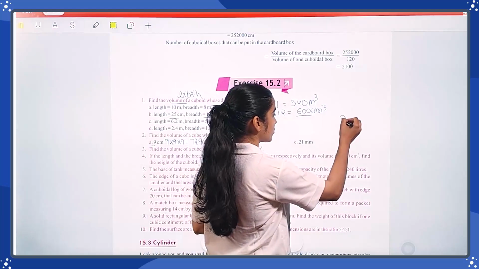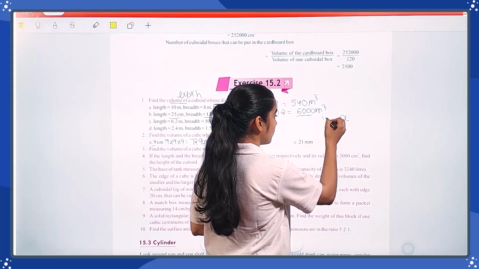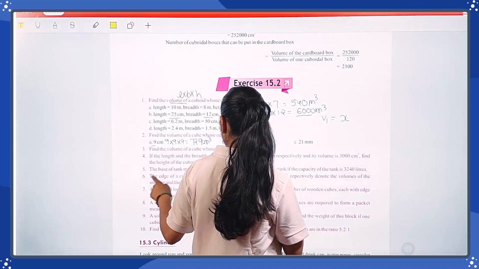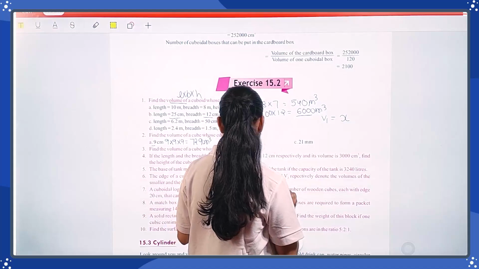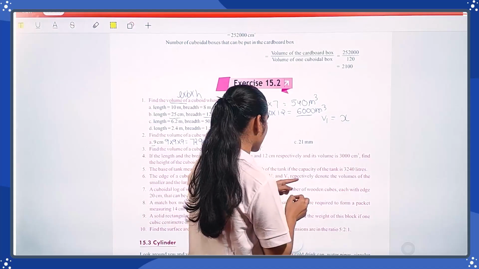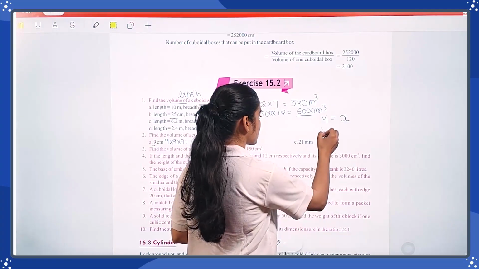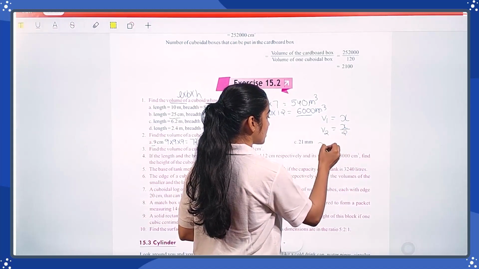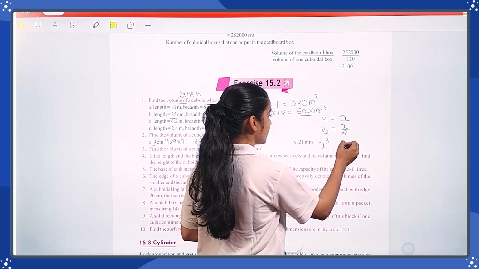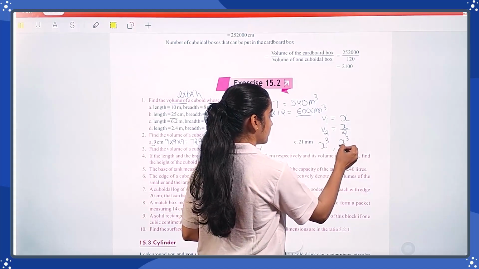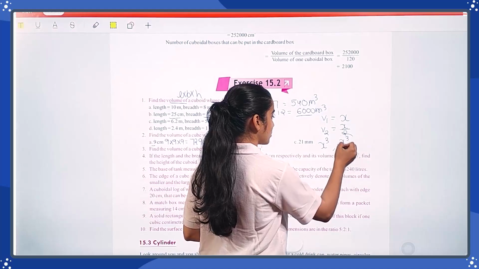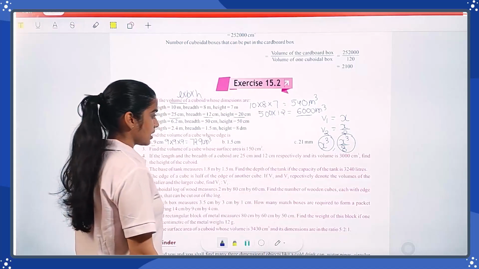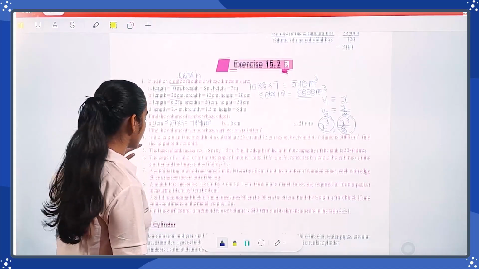If I take edge x for the larger one, then the smaller one is x by 2. It means what is the volume? This is x cube and this is x cube by 8. So this is the ratio of it. Okay, 8x cube is to x cube.